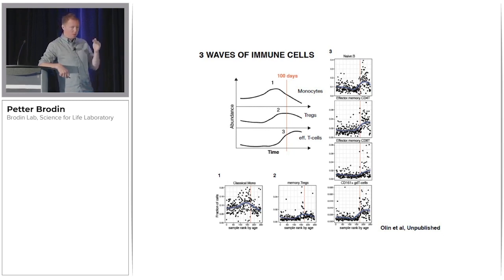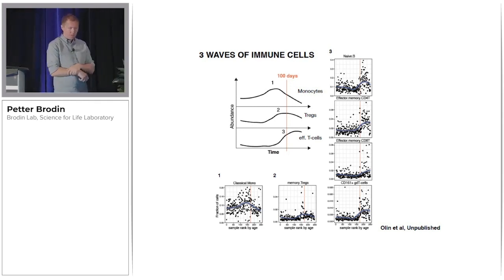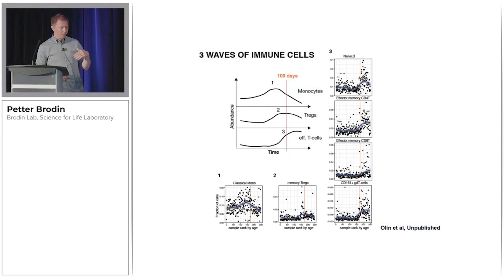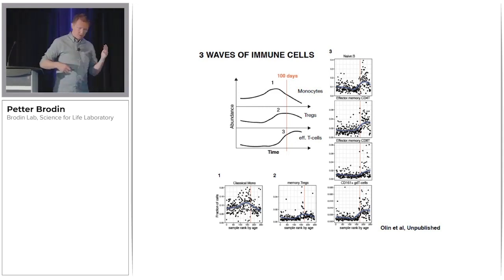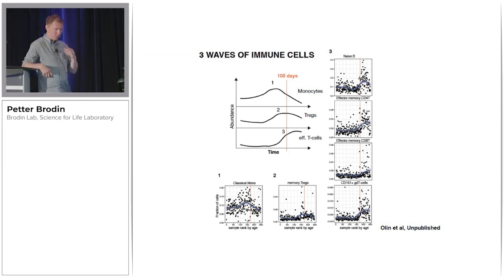After that, we see that Tregs, particularly memory Tregs, increase, and that is followed by the effector T cells, which also expand. And we're looking at clonal expansion to see whether this is a clonal event or not. We don't know that yet. But basically, there are these 3 waves, and this is very reproducible in all the children we've looked at, preterms and terms.